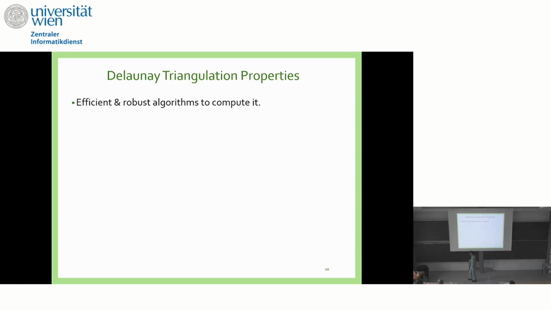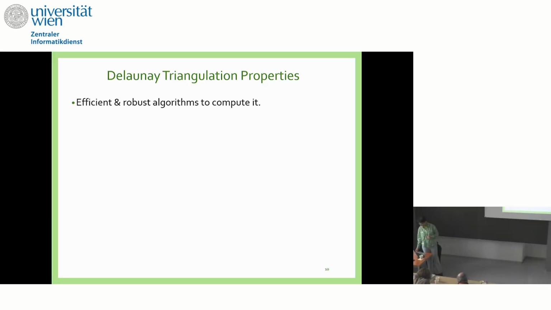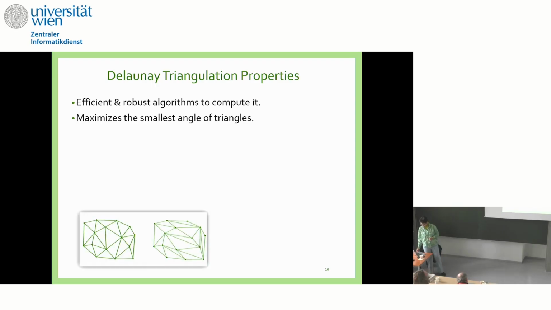We have very nice, robust, and efficient algorithms of different types with nicely studied complexity, and they are also nicely implemented in different open source libraries, mainly from the computational geometry community. We have the CGAL library, which provides robust implementations of those diagrams and triangulations.